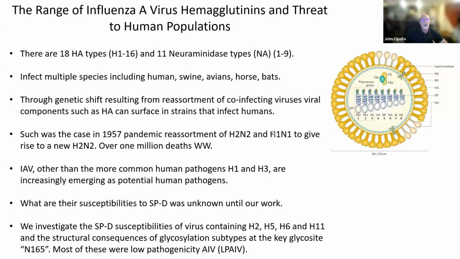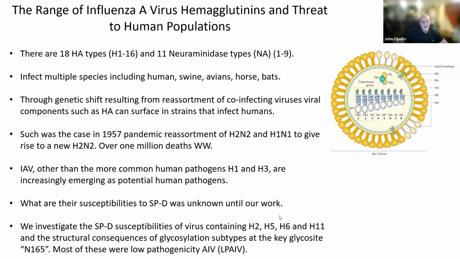So these events still happen, so they're always going to be a concern, and so the avians and the swine are monitored annually by different organizations. These are outside of the normal human pathogens, type 1 and type 3, and they can emerge eventually through these types of interactions to be potential pathogens.